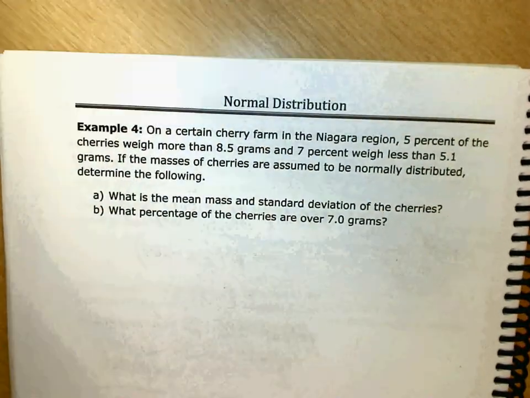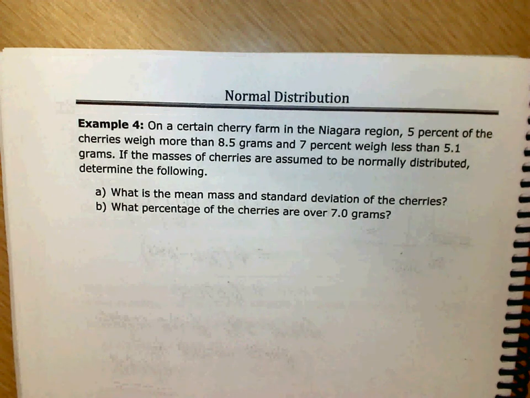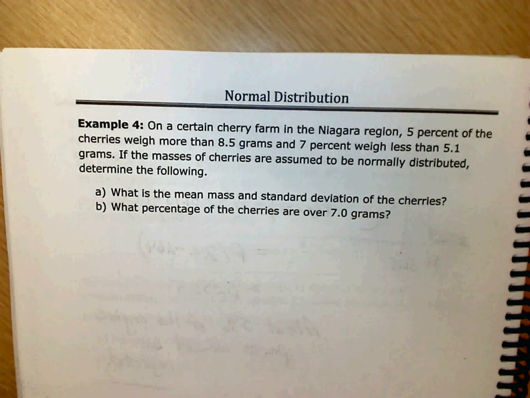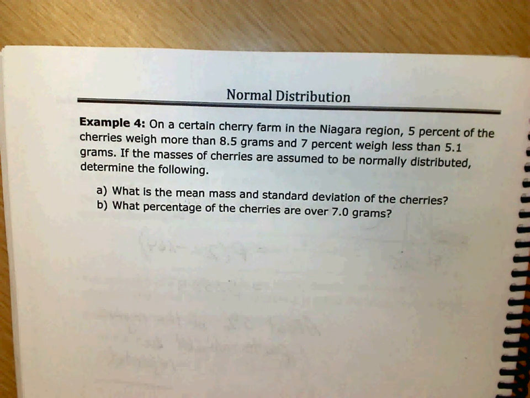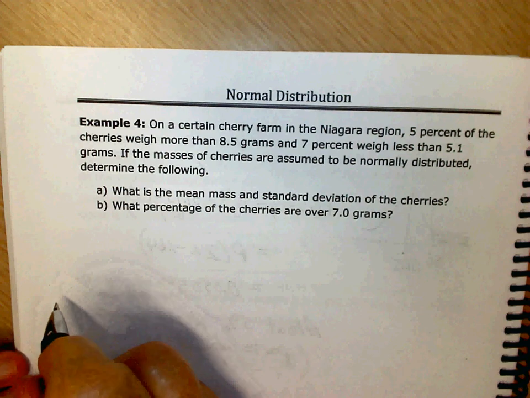On a certain cherry farm in the Niagara region, 5% of the cherries weigh more than 8.5 grams. Okay, let's draw a picture of all this information they're going to give us.